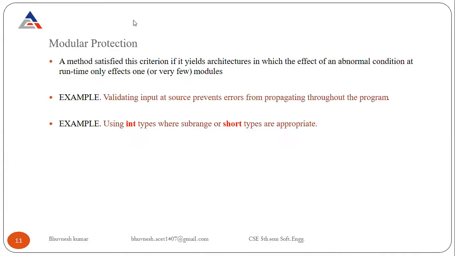Then there is modular protection. A method satisfies this criteria if it yields an architecture in which the effect of abnormal conditions at runtime only affects one module. They are talking about abnormal conditions, like a go-to statement used in your coding. If there is a go-to statement, that will affect your code.